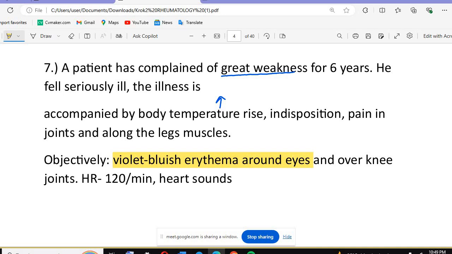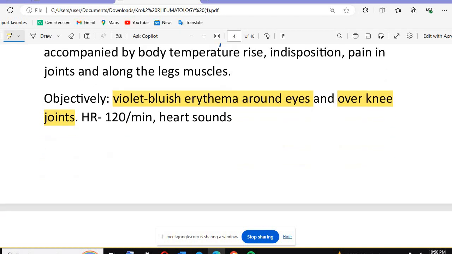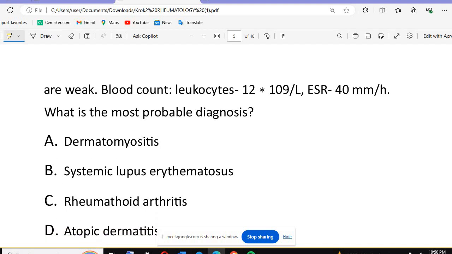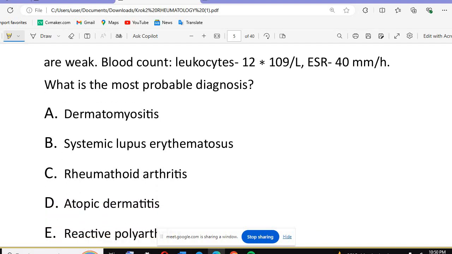This is one type of rash, known as the heliotrope rash. And over the knee joint also, these are known as Gottron signs. The heart rate is 120 per minute, heart sounds are weak, and the blood count shows leukocytes and raised ESR. What is the most probable diagnosis? All these rashes we see in dermatomyositis.